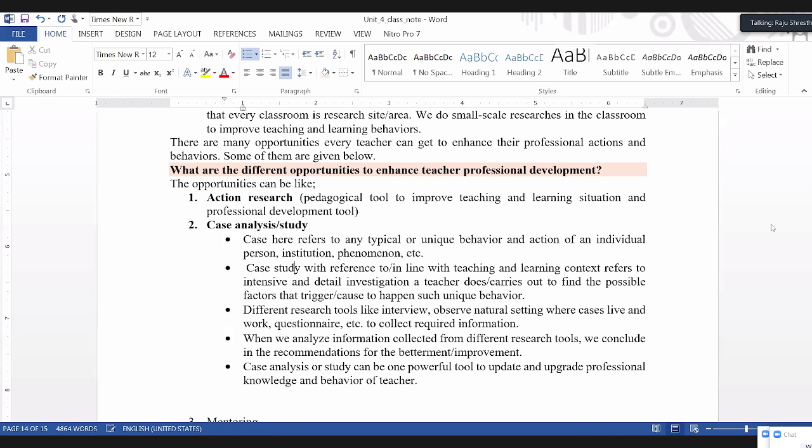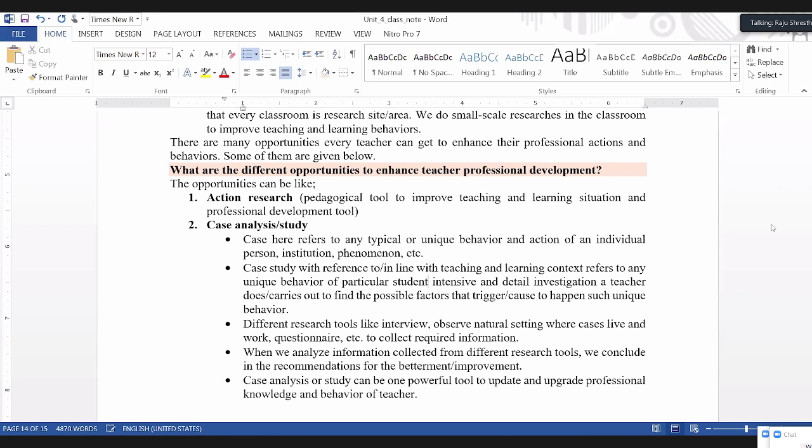Case study in our teaching and learning context refers to any typical, unique behavior of a particular student.